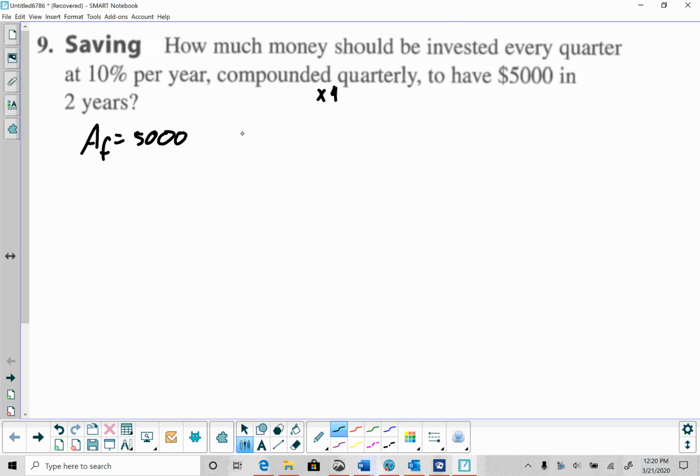So n in this case, if we're doing 4 times a year times 2 years, n should be 8 compounding periods. The annual percentage rate they tell us is 10%, so we'll change that to a decimal, but since it's compounded quarterly, we're going to divide by 4. So that'll give us 0.025.